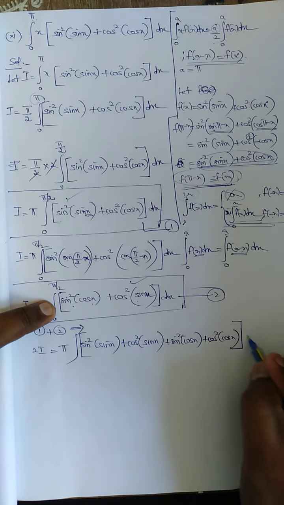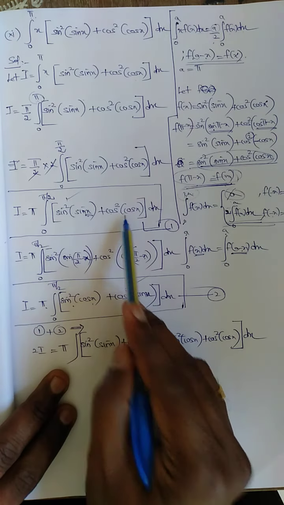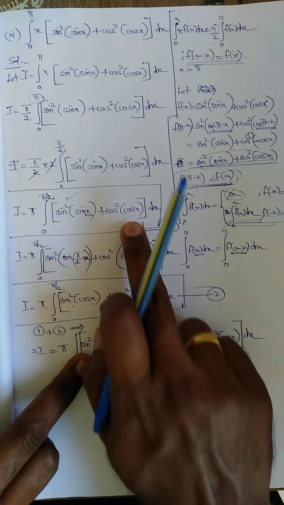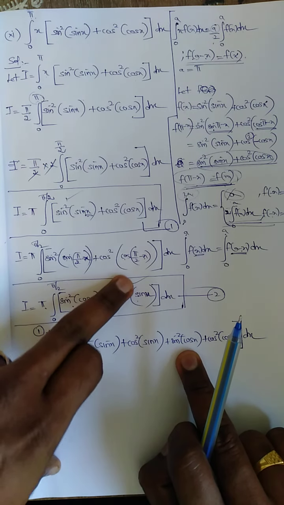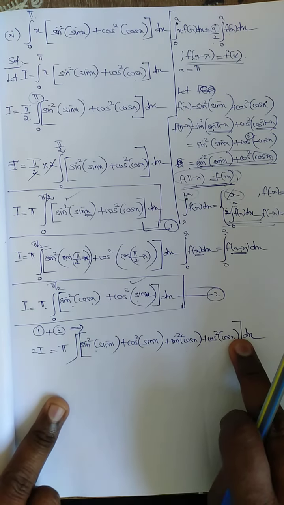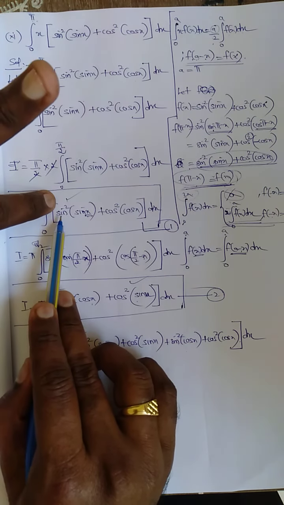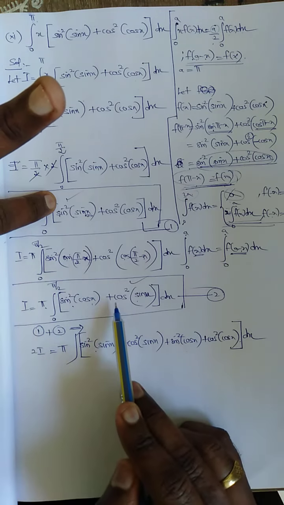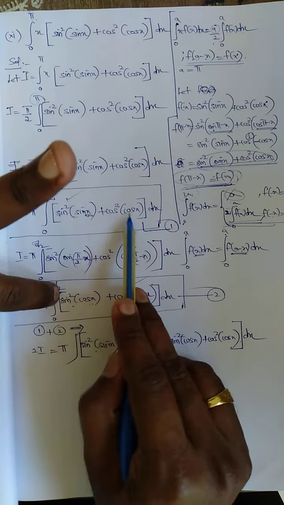Put the whole bracket as dx. See, sine square sin x plus cos square sin x, next sine square cos x plus cos square cos x. The four values I have arranged in the way we get the answer very easily.